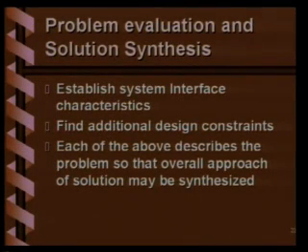Each of the above describes the problem so that the overall approach of the solution may be synthesized. So basically you are analyzing your problem. You are trying to go deeper into the problem such that a solution or ultimate design for implementation is obtained. But at this stage, probably the basic solutions.